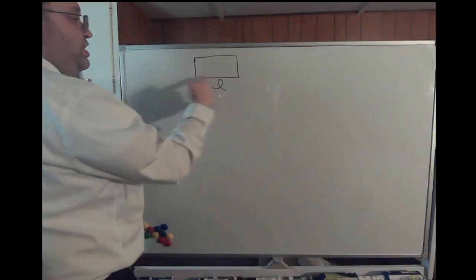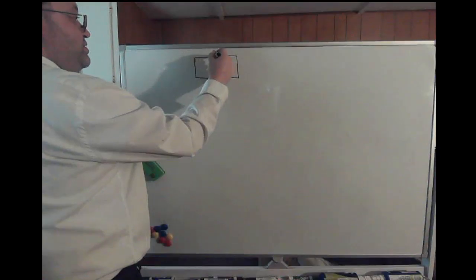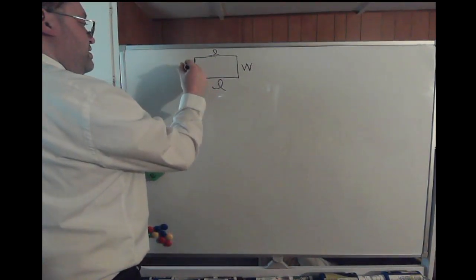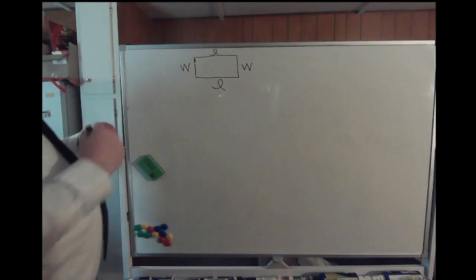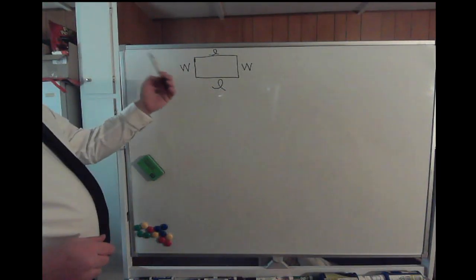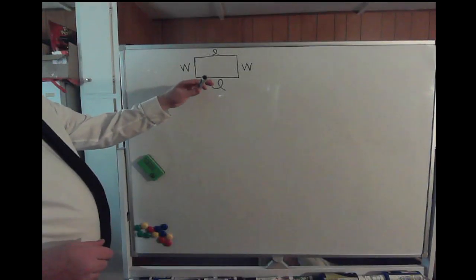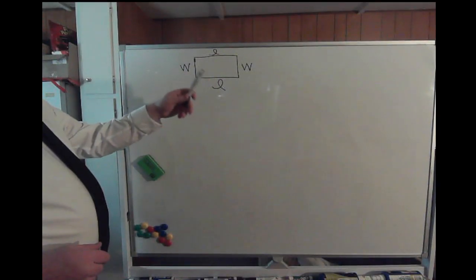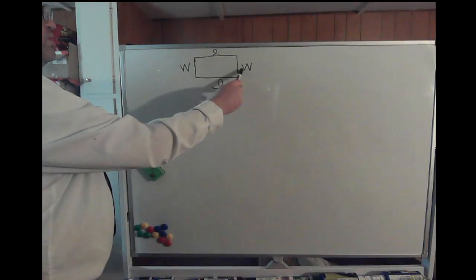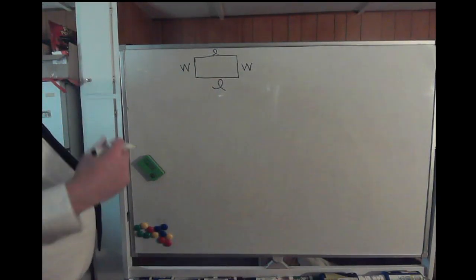The long part on the bottom and at the top is also your length. On the side you have the width. And in a rectangle, both pairs of opposite sides have the same length. So the length in this here is equal. The width is equal on each side too.